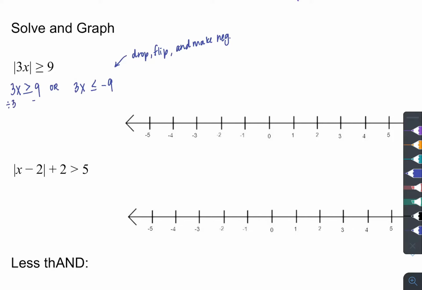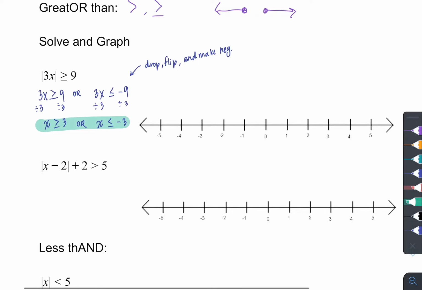So we go ahead and solve. Divide both sides by 3 on this one. We get x greater than or equal to 3. Then for this one we divide by 3. We get x less than or equal to negative 3. So this right here is our answer.